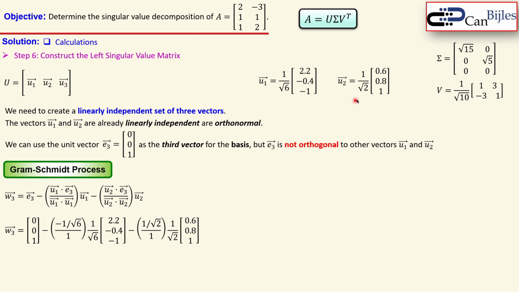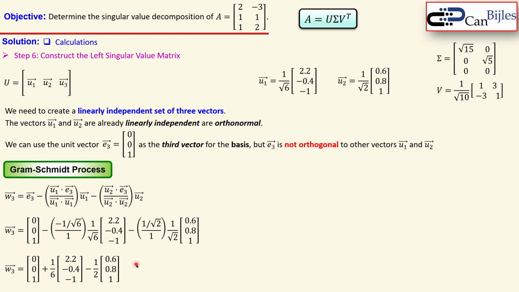Now you have your vectors. Here you see a minus 1 over the square root of 6 times 1 over the square root of 6, which is 1 over 6, and the minus becomes a plus. Similarly, 1 over the square root of 2 times 1 over the square root of 2 is 1 over 2. So this is now written in a more convenient way.